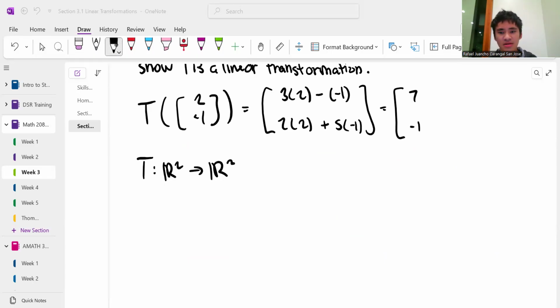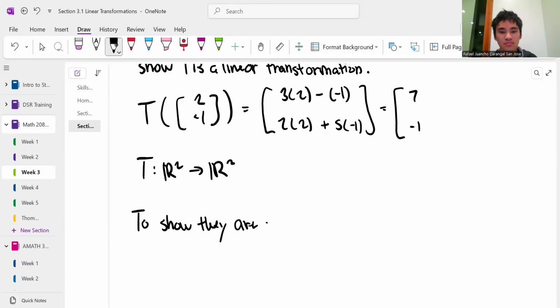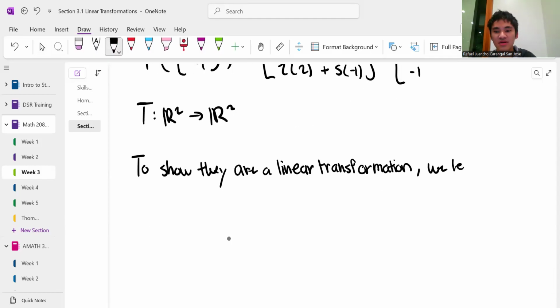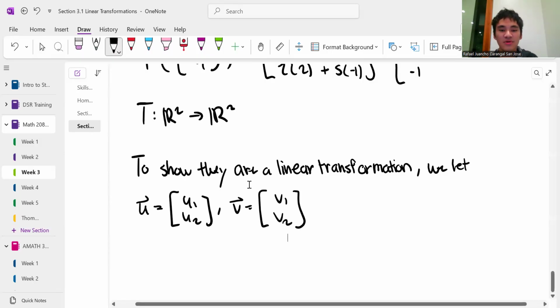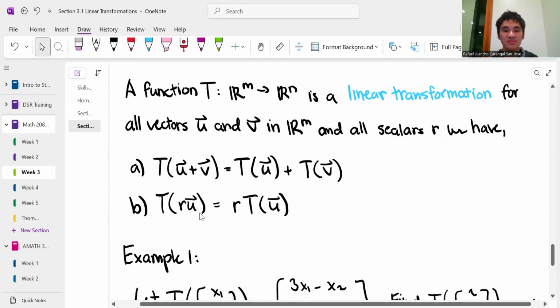Now, to show that T is a linear transformation, we have to get two vectors here. So we let u be u sub 1, u sub 2, and v be v sub 1, v sub 2. Based on the definition, we want to fulfill both of these, a and b.